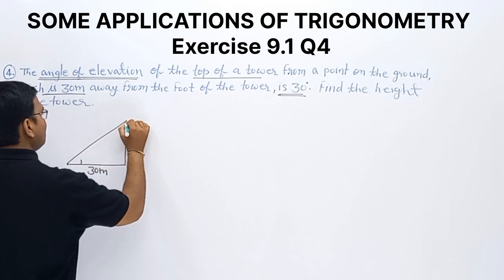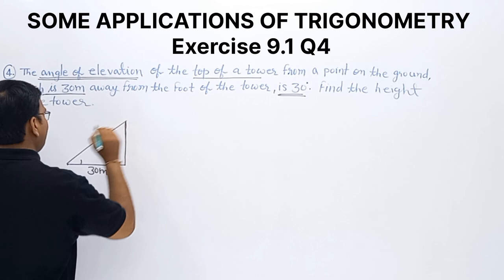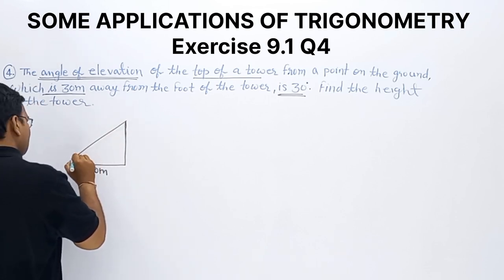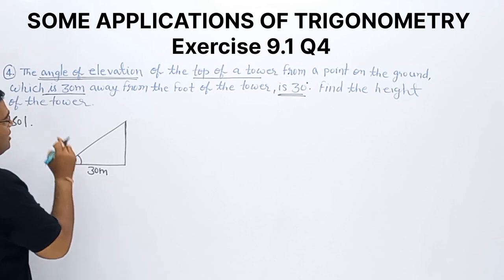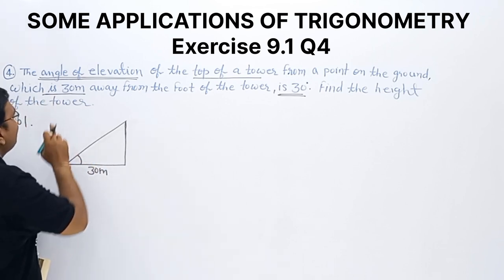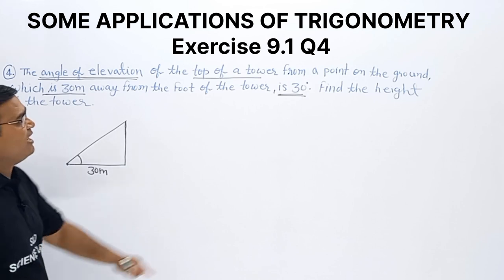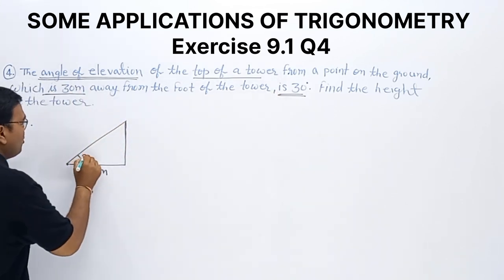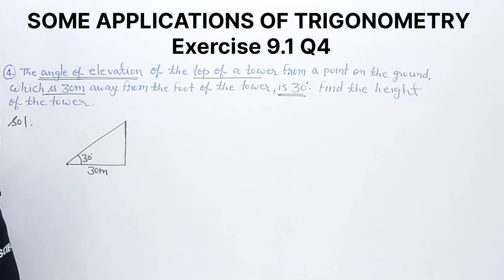the top of a tower. Then that person's line of sight making angle with horizontal, that angle is called the angle of elevation, and it is given as 30 degree. So this angle is 30 degree.